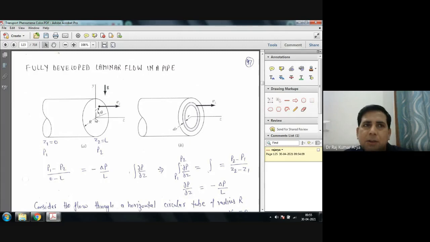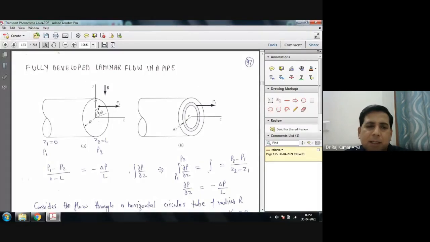For the maximum or minimum condition, your del Vz upon del r term must be equal to 0. In the worst case the shear stress could be equal to 0. So that is one condition at the center.